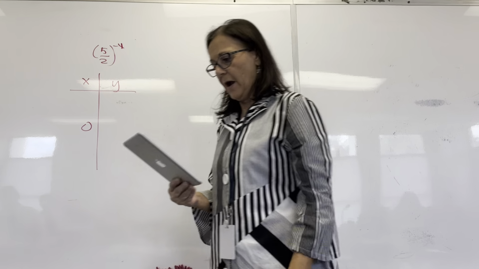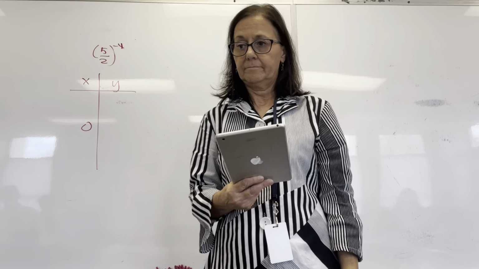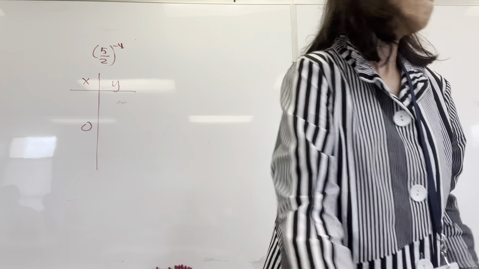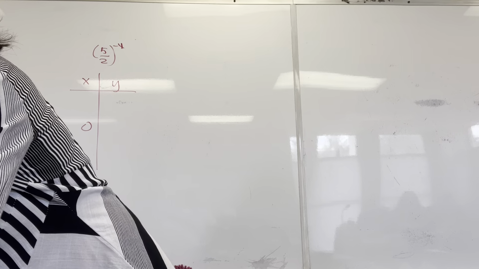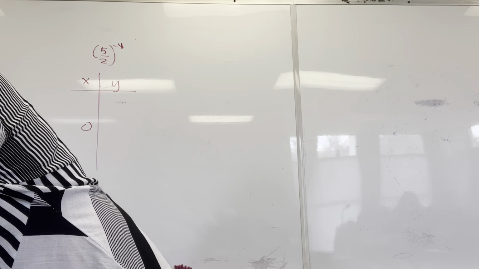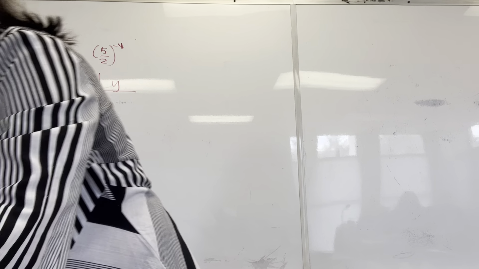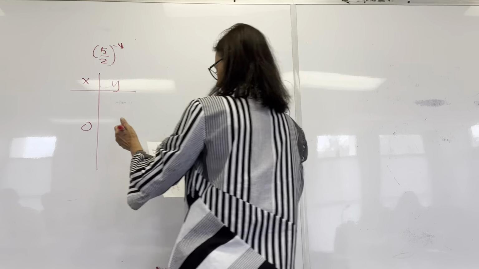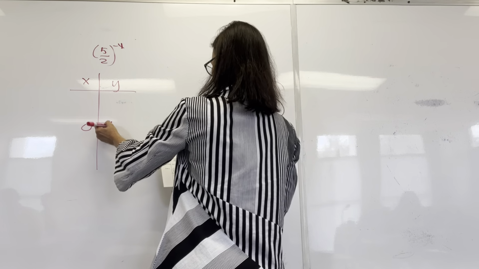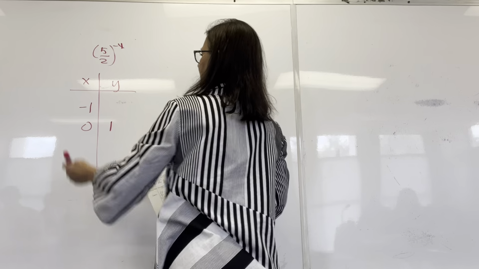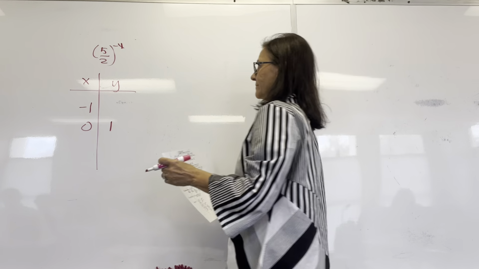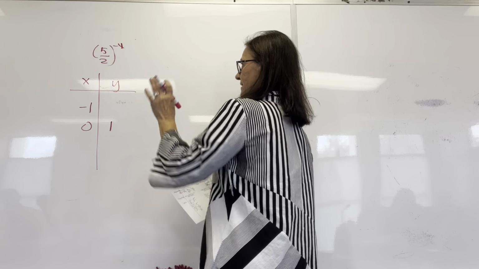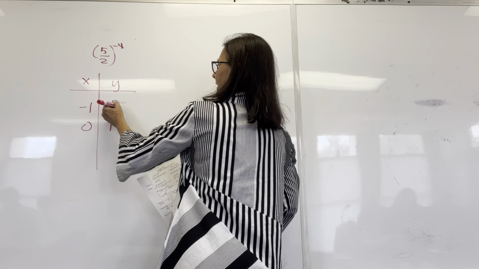When x is 0, what is y? It is 1, yeah. Okay, when x is negative 1, it's 5 halves.